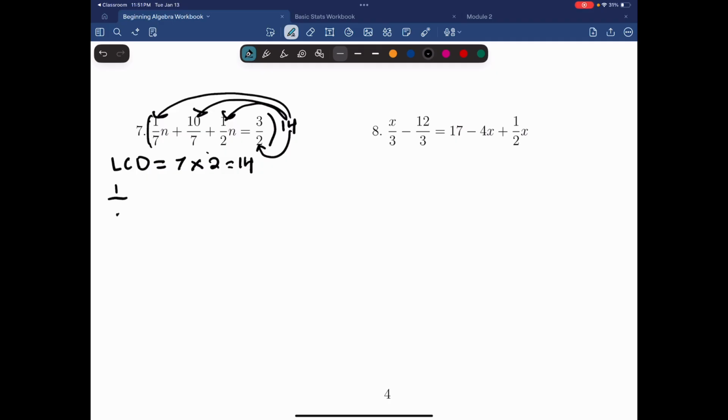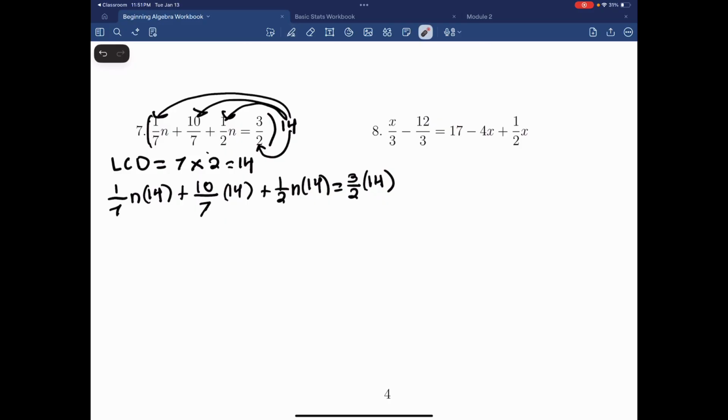We're going to have 1/7 n times 14, plus 10/7 times 14, plus 1/2 n times 14, equals 3/2 times 14.